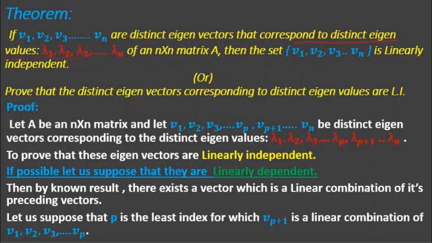Suppose I have a matrix A which is of order 3 by 3 and it has eigenvalues 1, 2, where 2 is repeated twice. Then its corresponding eigenvectors I have, this is x1, x2, x3.